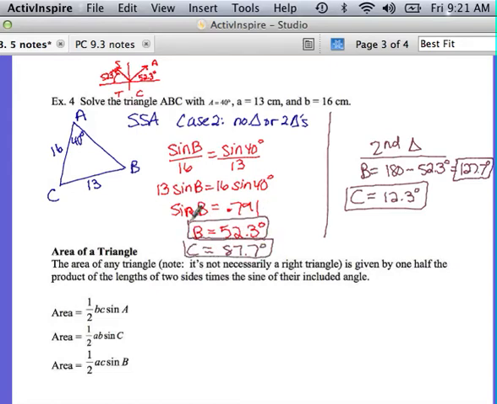Now, what's the only thing missing in both triangles? Side C. So I'm going to do side C over sine 12.3 degrees equals the sine of 40 degrees over 13. So I'm going to cross multiply and divide.